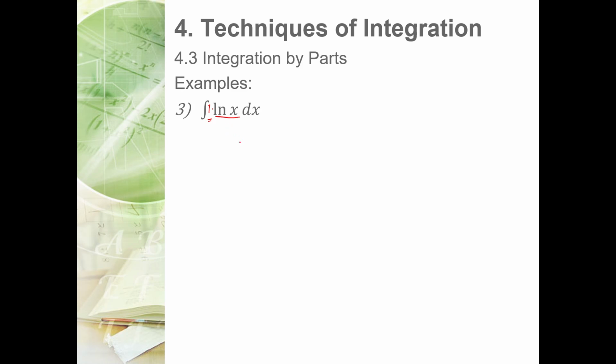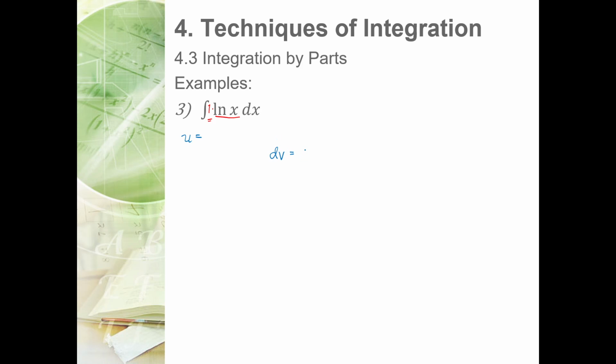Okay. So we set up our u and dv. u, and on this side is dv. Again, choose the complicated term as your dv and the other term as the one you derive.